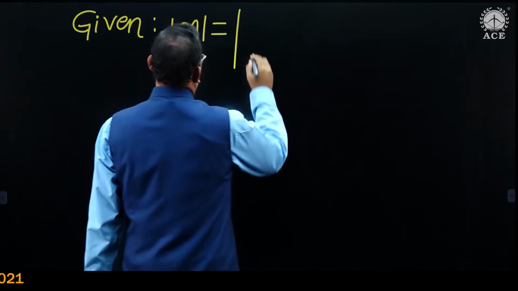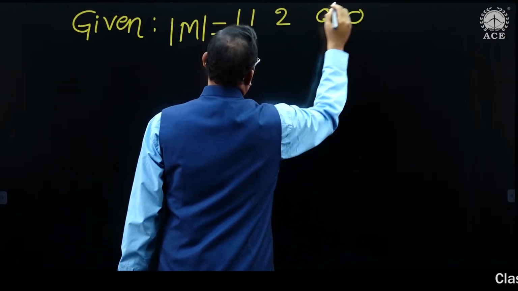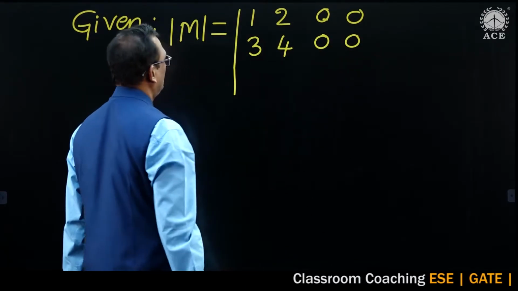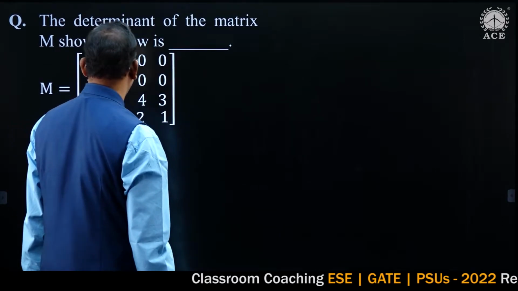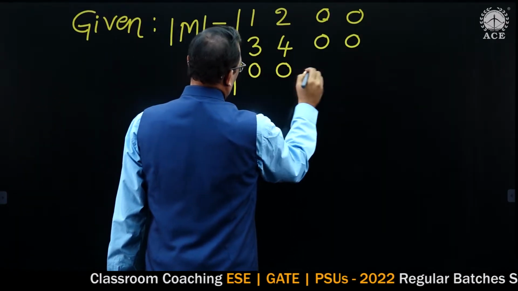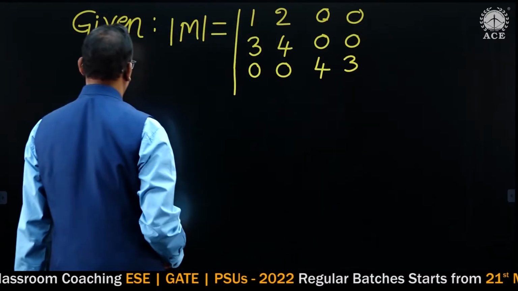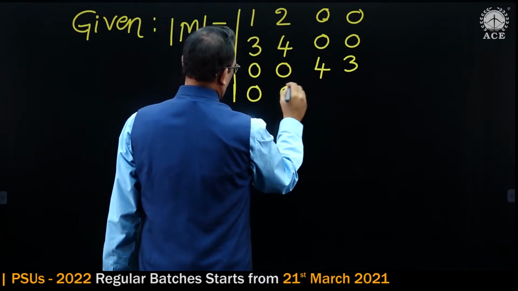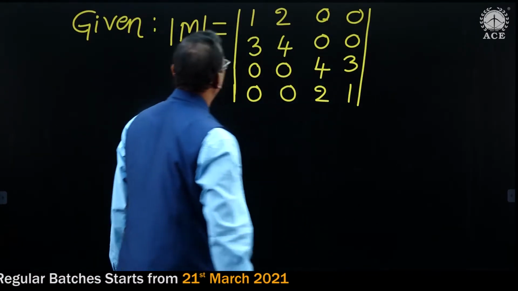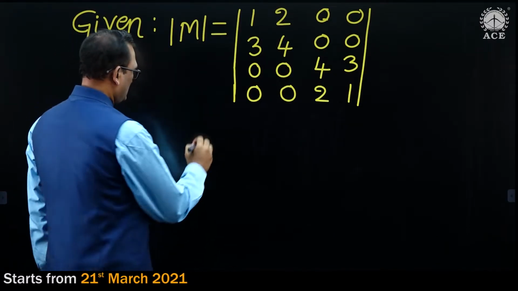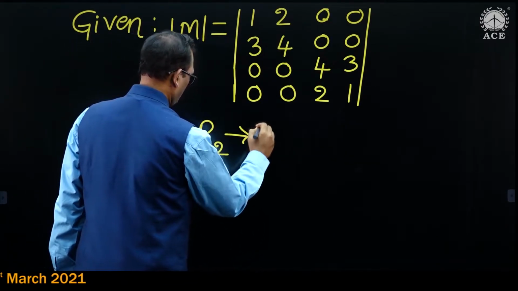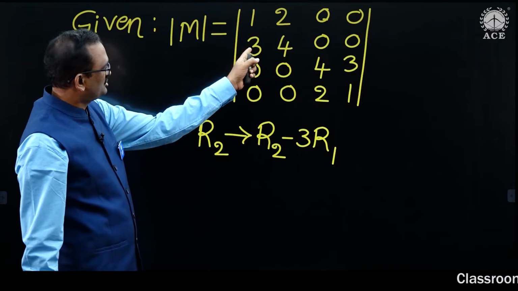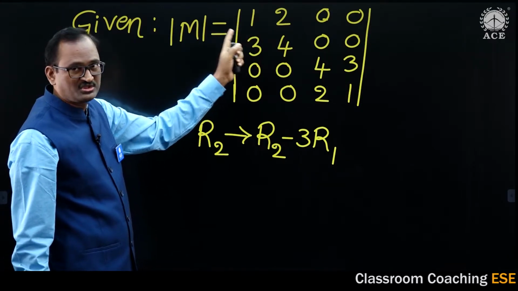1 2 0 0, 3 4 0 0, 0 0 4 3, 0 0 2 1. Now we can do like this: second row minus 3 times first row, then it becomes 3 minus 3 into 1, so this element becomes 0.